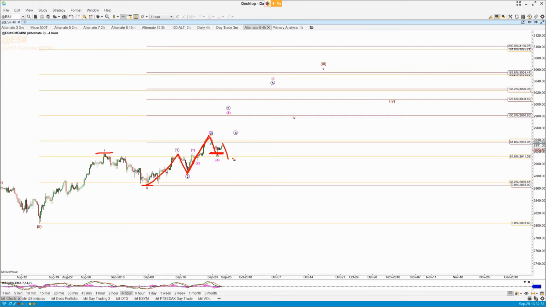I don't want to see that breached in either count, or in any count. If it were to be breached, 2865, below that something else entirely is going on.